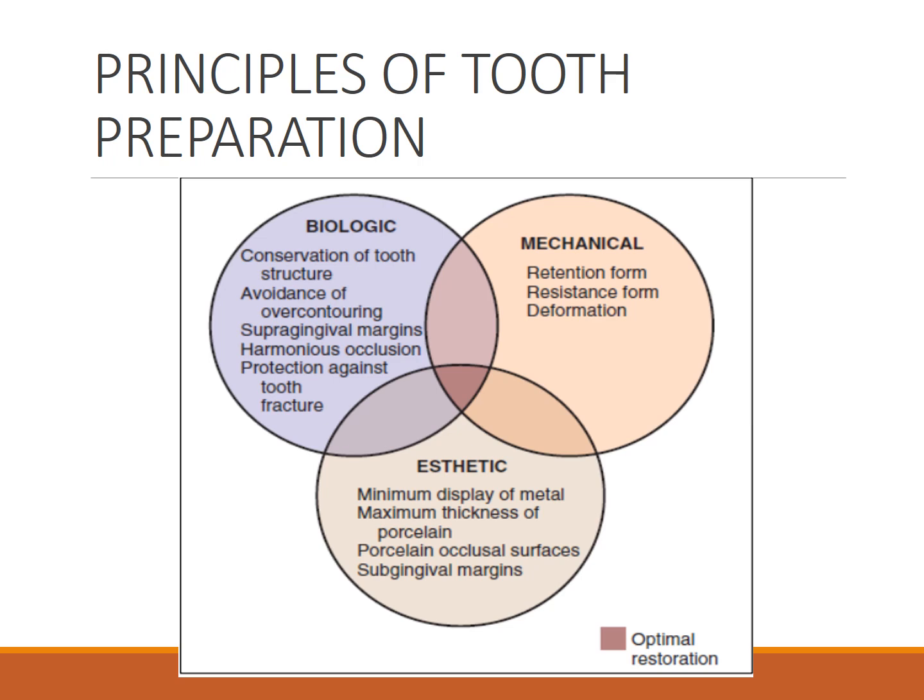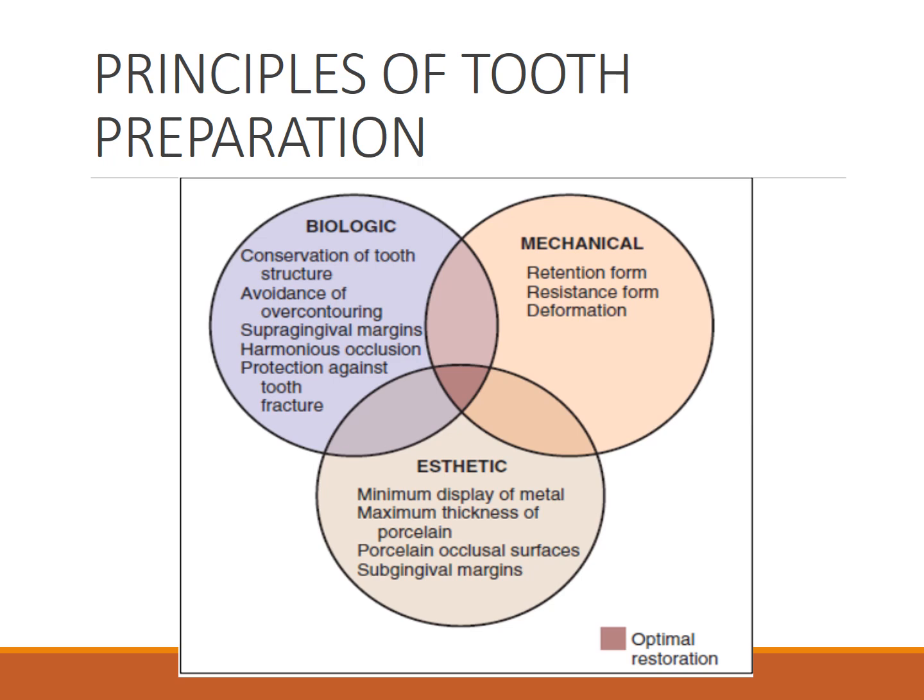So basically the biologic principle works around conservation of the soft tissue, the pulp, and all the structure. You should conserve as much structure as you can. Do not do over reduction. Have the margin supragingival or equigingival, which works better in the patient's mouth. There should also be a harmonious occlusion, meaning it should be in harmony with the opposing arch.